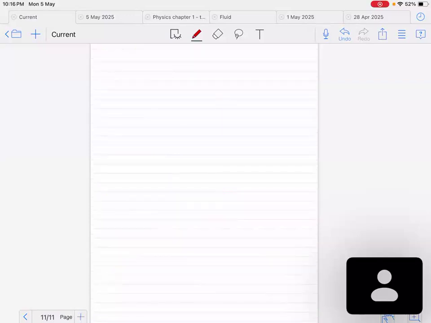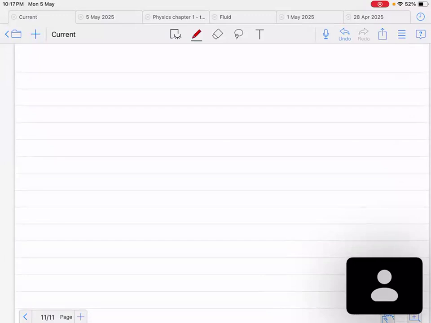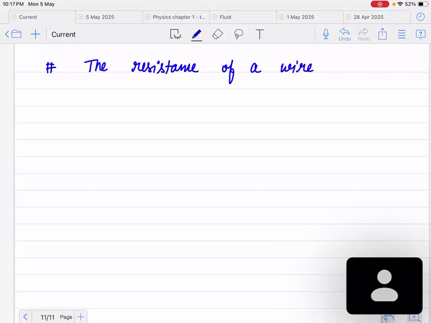There is another question. The resistance of the wire is R0.